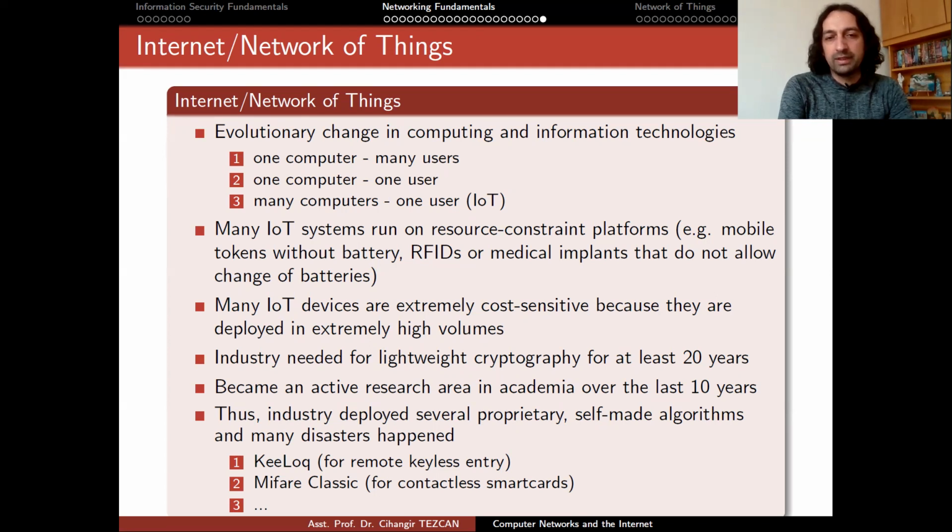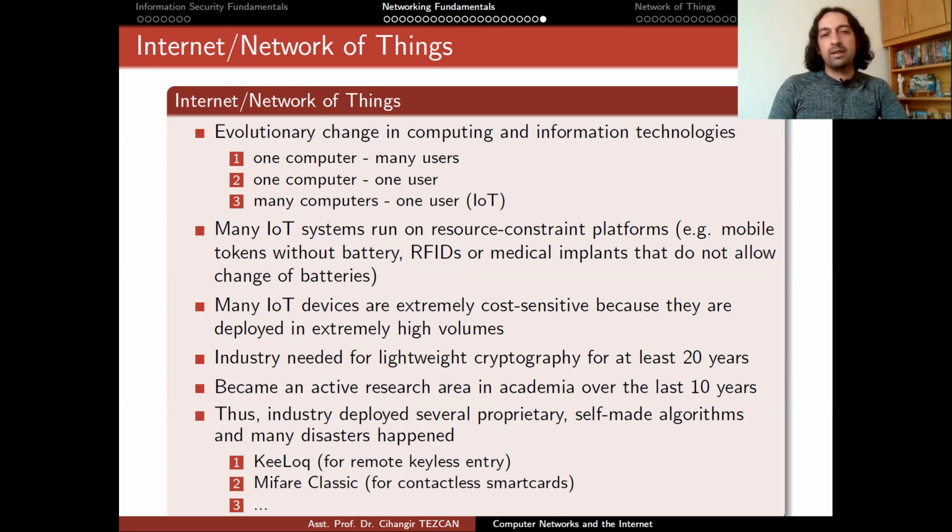Thus, industry deployed several proprietary self-made algorithms and many disasters happened. There were many examples of this kind of broken proprietary algorithms, like KeeLoq, which actually allows you to open the door of your car or your garage door. My favorite example, I think, was MIFARE Classic, the most deployed contactless smart card, and it was broken too.